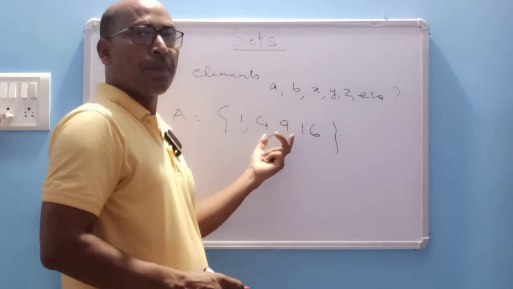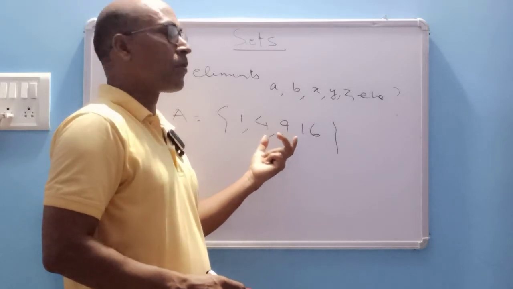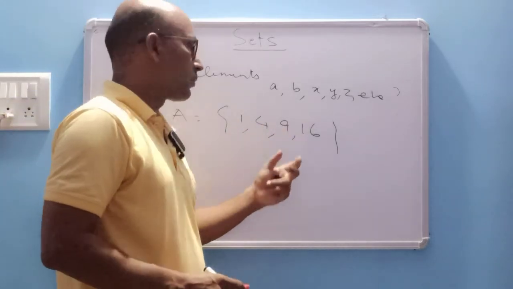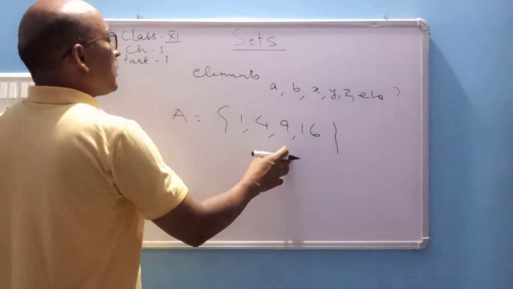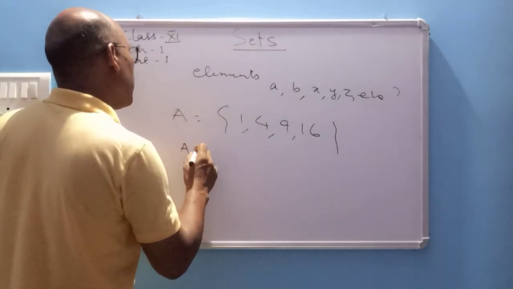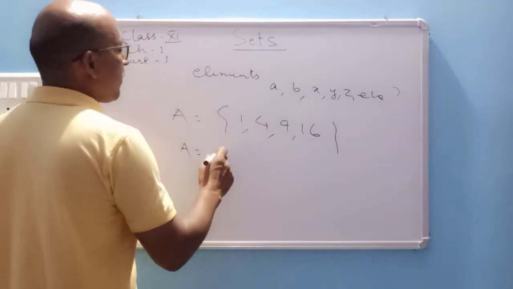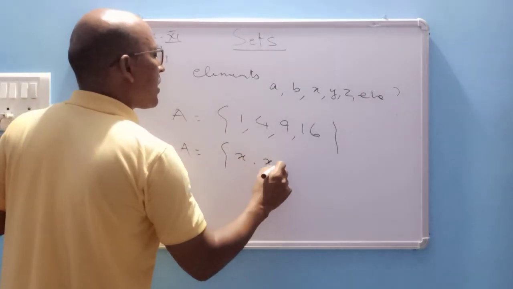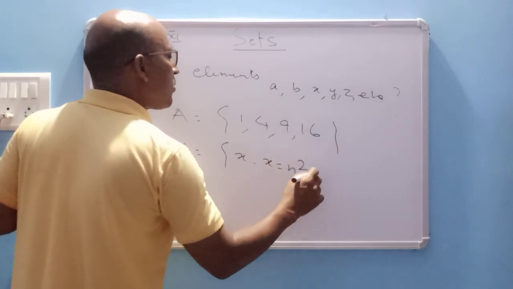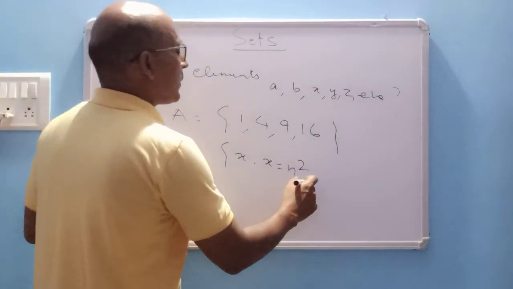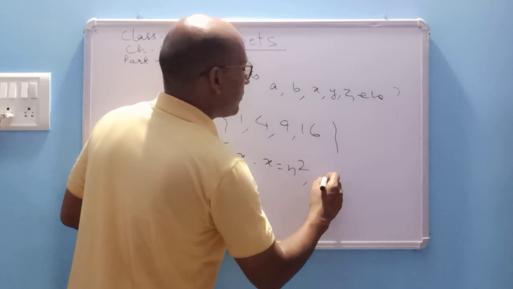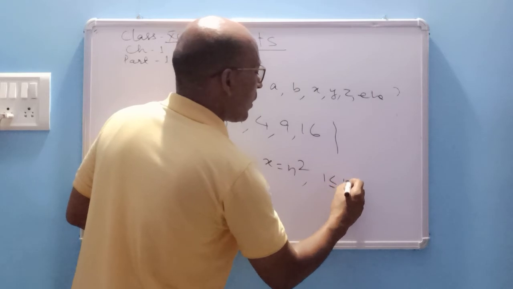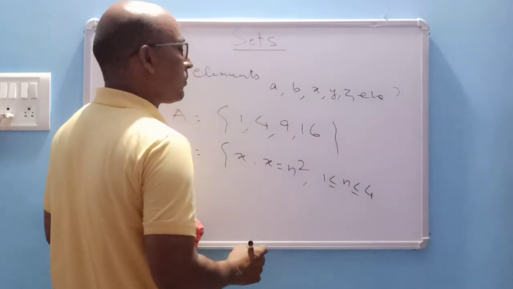You have to explore the properties and the pattern, and only then can you write this as the set of all x such that x is equal to n square, and n is greater than or equal to 1 and less than or equal to 4.